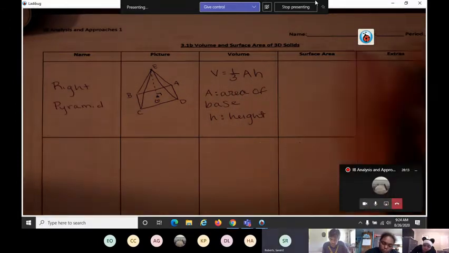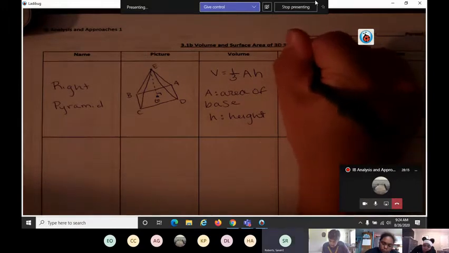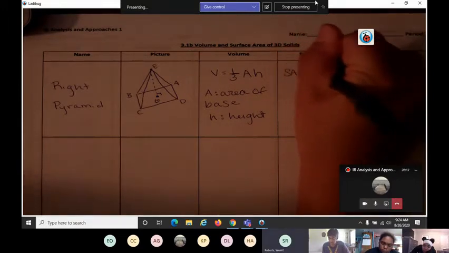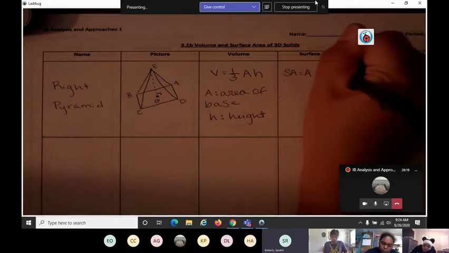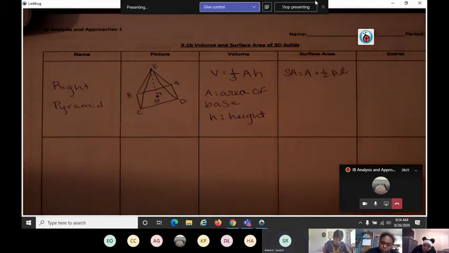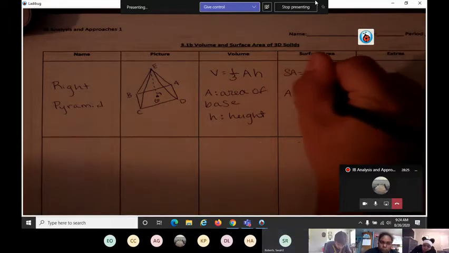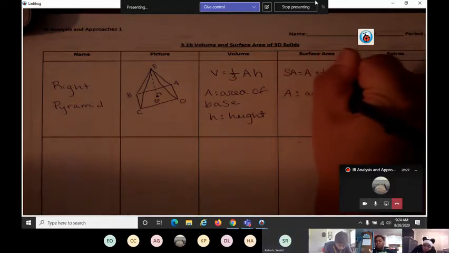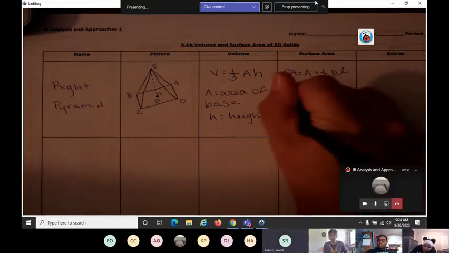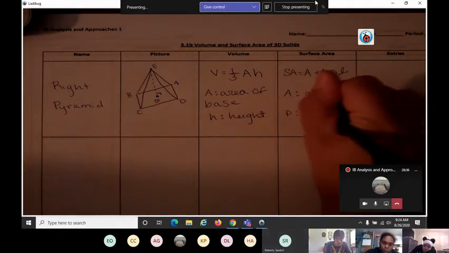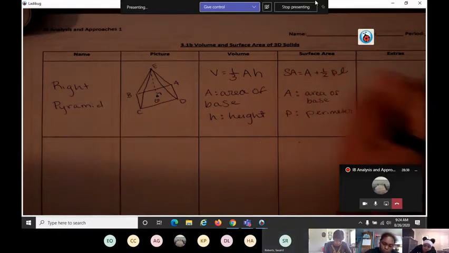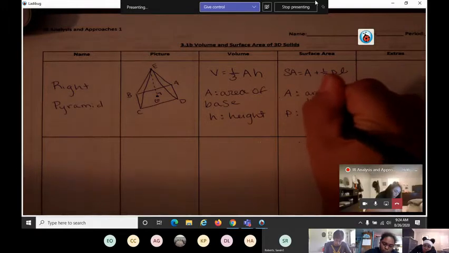Your surface area is going to be A plus 1/2 PL. A, again, is the area of your base. P is the perimeter of your base. And L is our slant height.